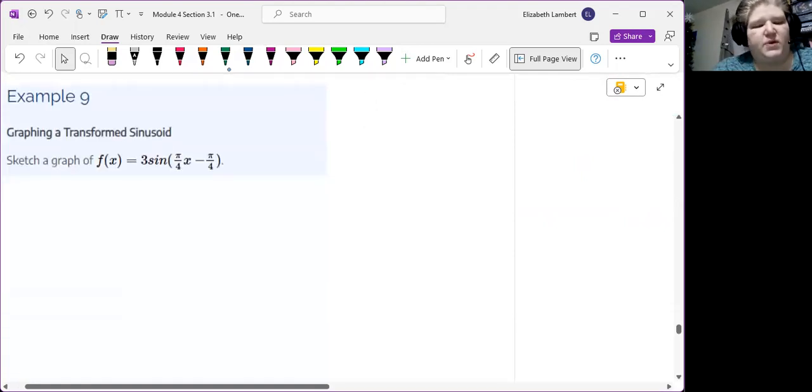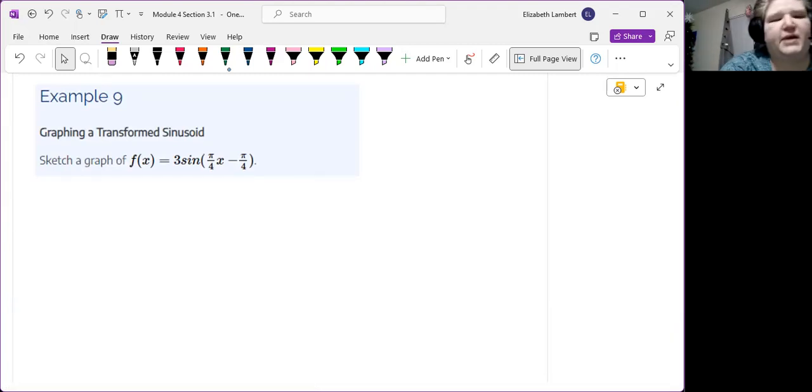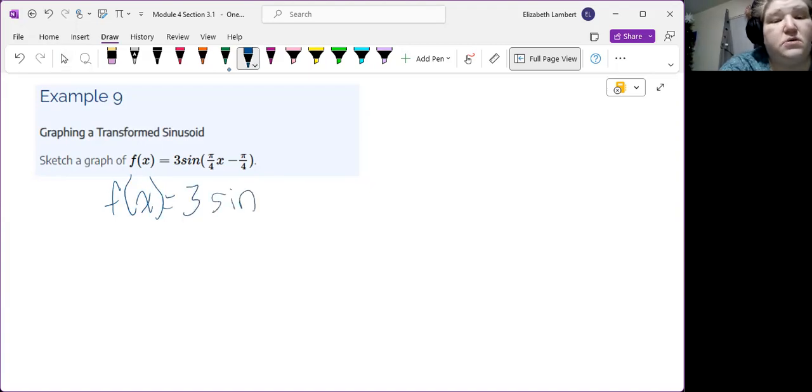Taking a look at our next one now. So I deleted my graph paper for this one because the b value here is going to be annoying. So first, let me transform the function into the form I use. 3 sine, and then pi over 4 is our coefficient on x.